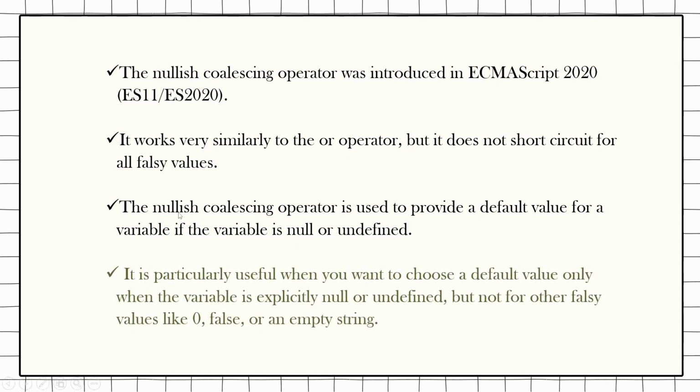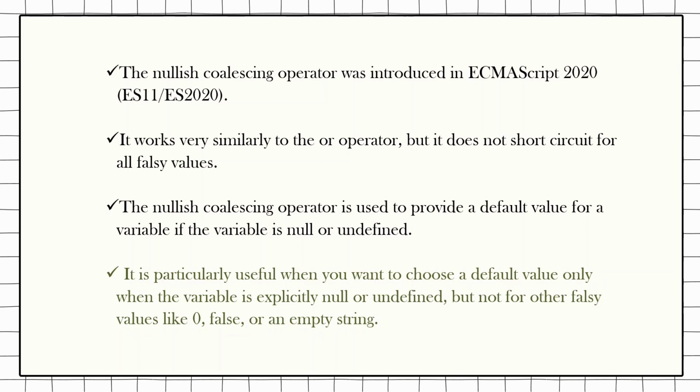Practically, let us understand. It is useful when you want to choose a default value when the variable is explicitly null or undefined. Only when the variable is null or undefined, and for that if you want to set default values, then you can go with this nullish coalescing operator.